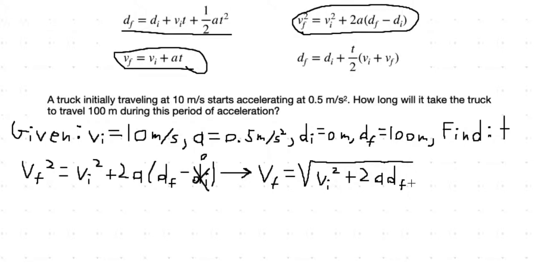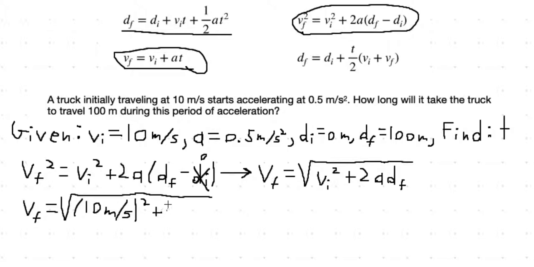So now we can plug in variables and then solve for Vf. So plugging in numbers, we get the value of 14.1 meters per second.